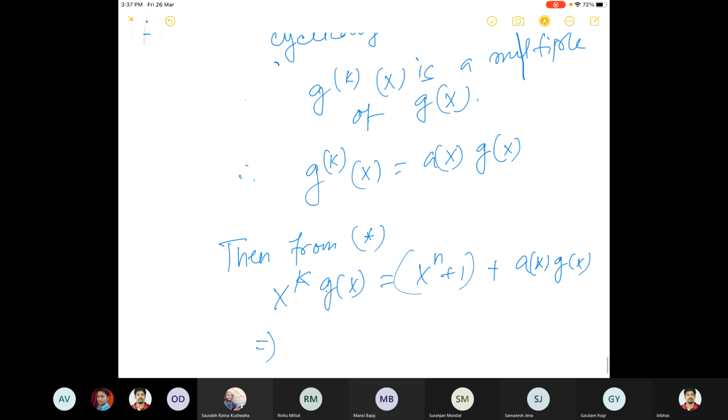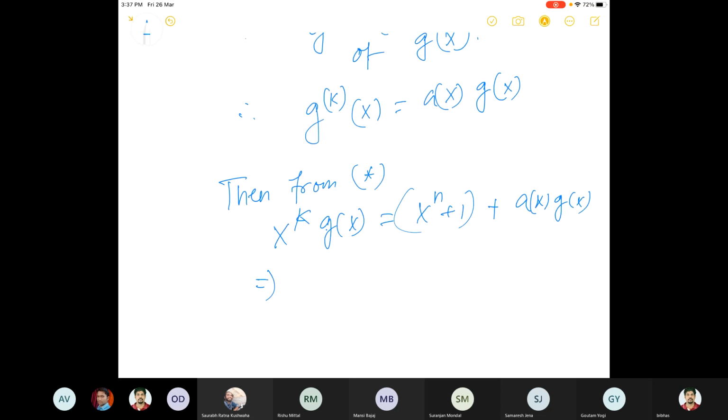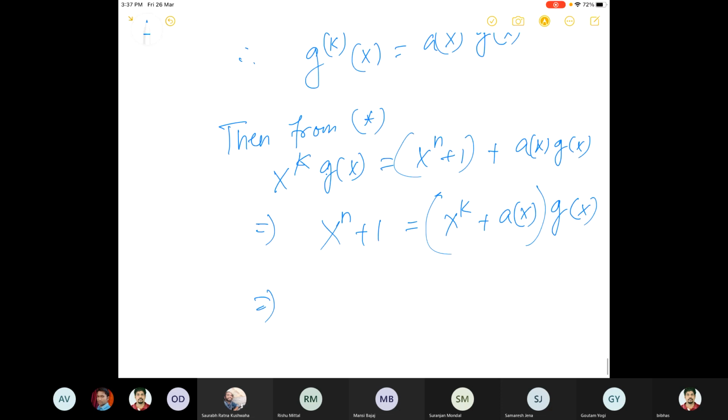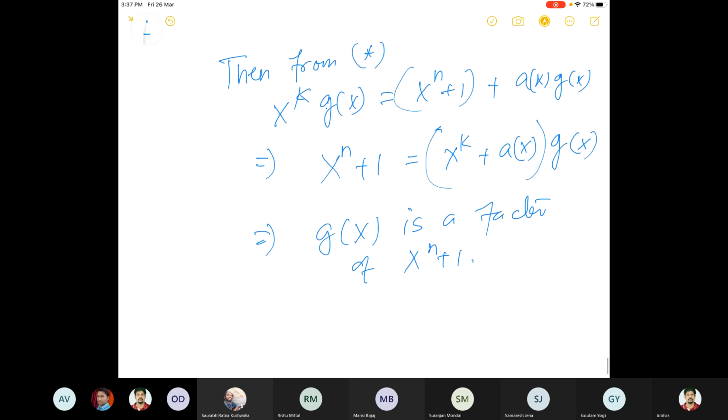So x to the power n plus 1 will be nothing but x to the power k plus a(x) times g(x). This implies g(x) is a factor of x to the power n plus 1, so g(x) divides x to the power n plus 1. Okay.